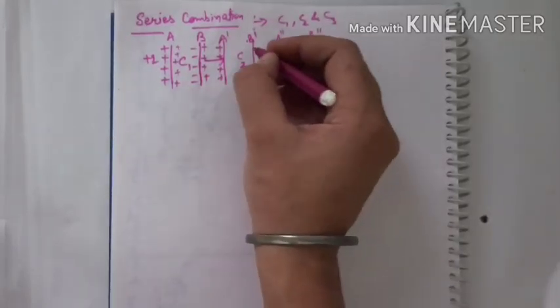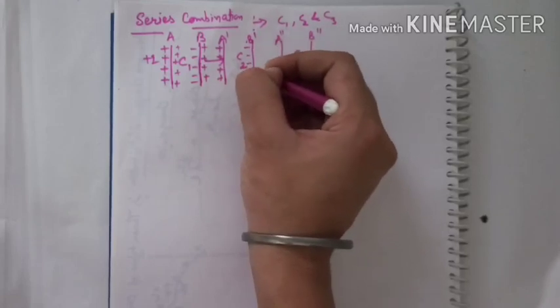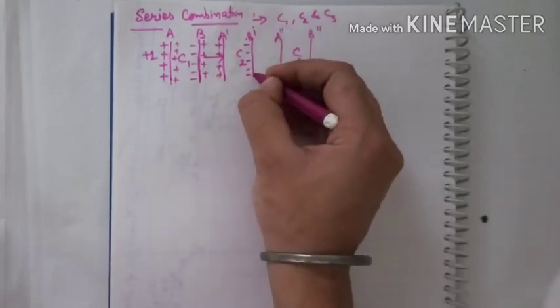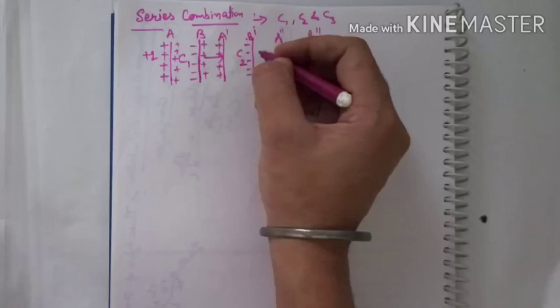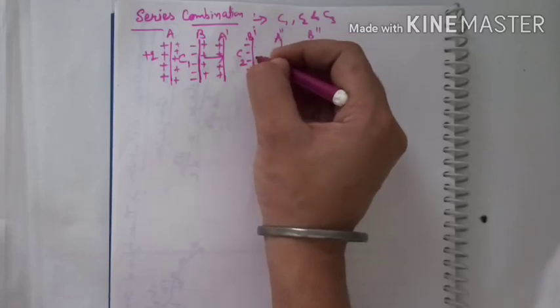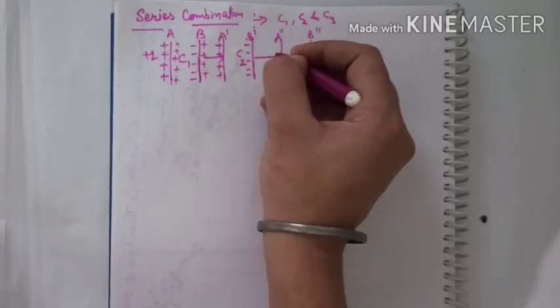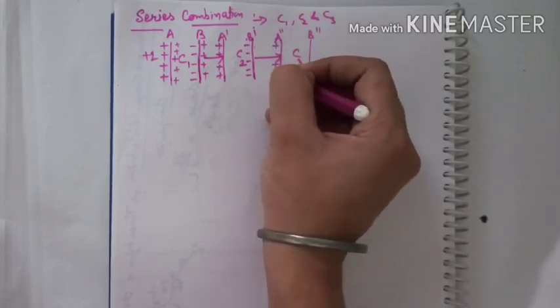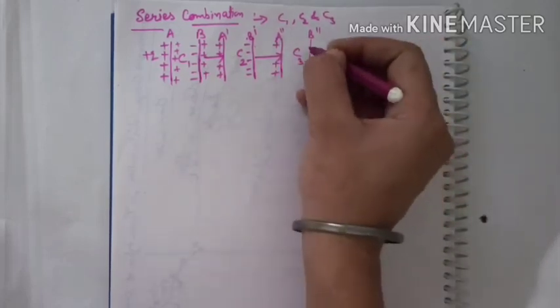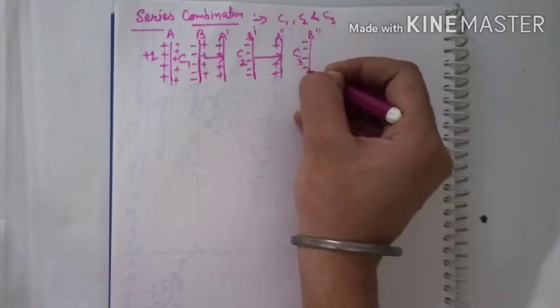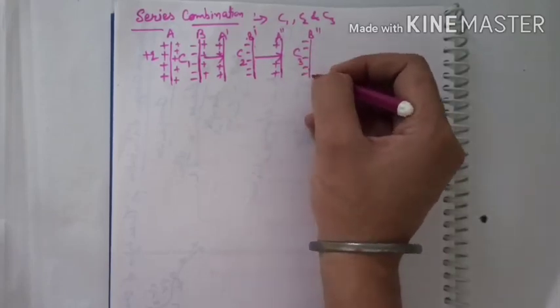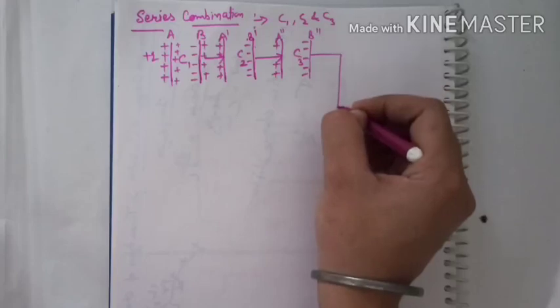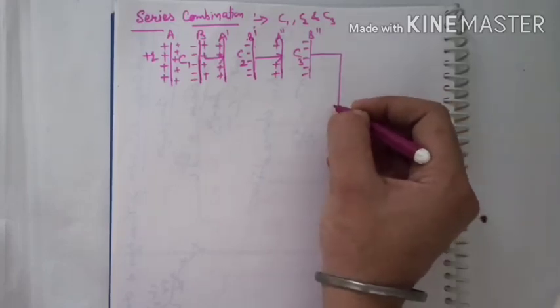Due to induction, here is negative charge and here is positive charge. This capacitor is connected to the third capacitor. So here is positive charge, and the same here is negative charge due to induction, and here is positive charge, and this capacitor is connected to earth.